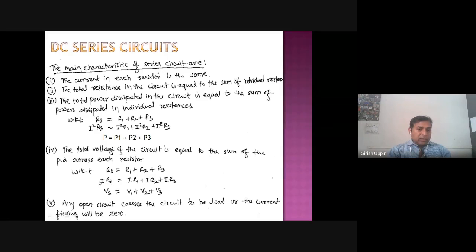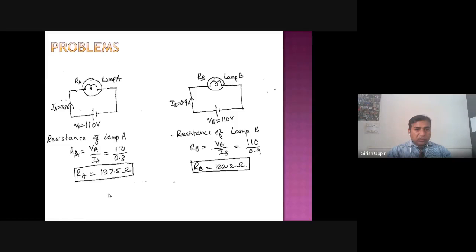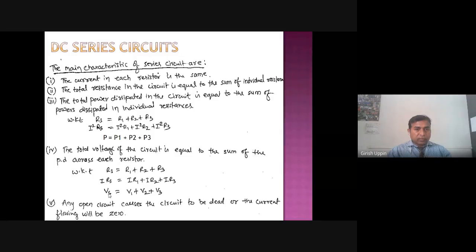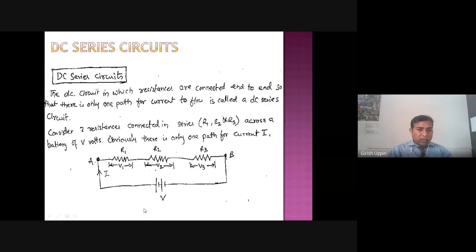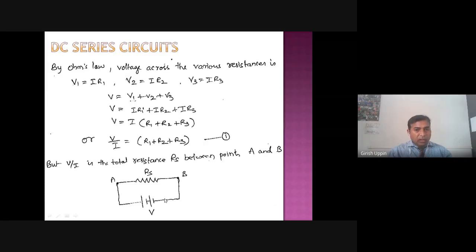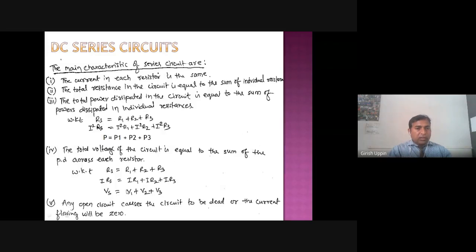I into Rs, the effective resistance, is nothing but V or Vs. Then I into R1 is V1, I into R2 is V2, I into R3 is V3.